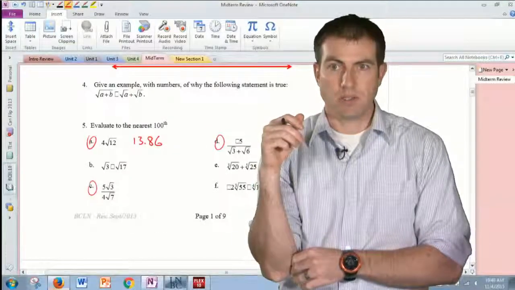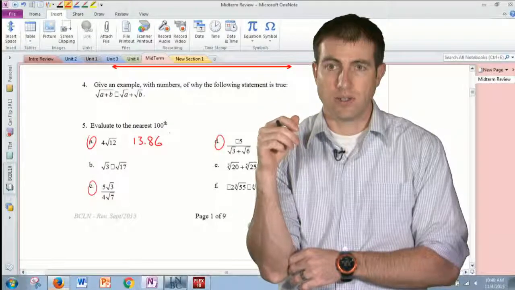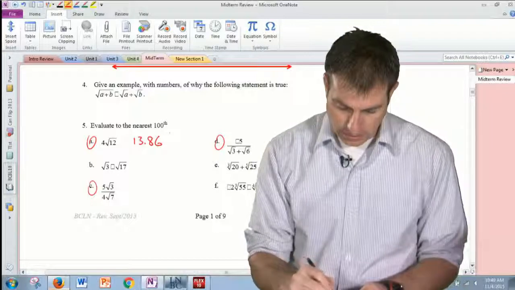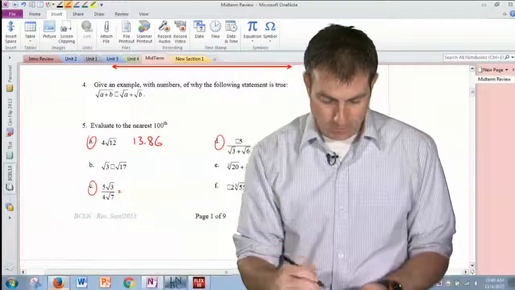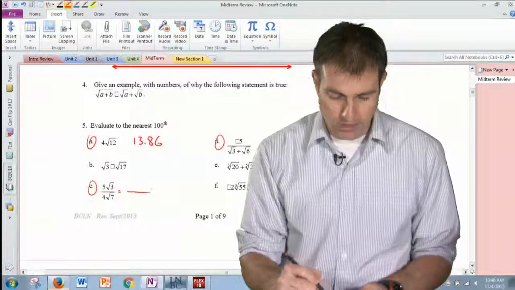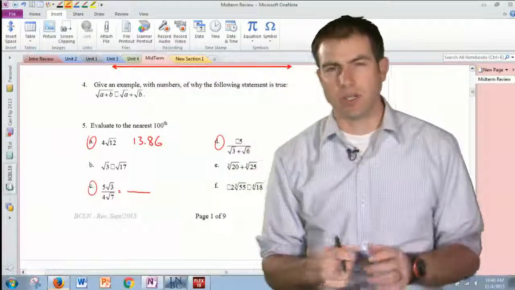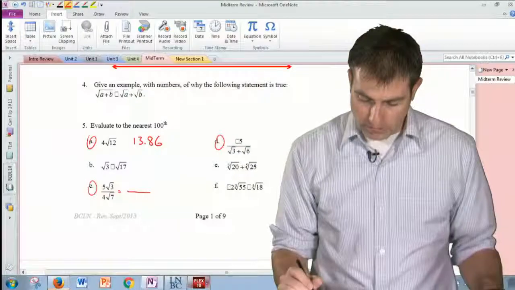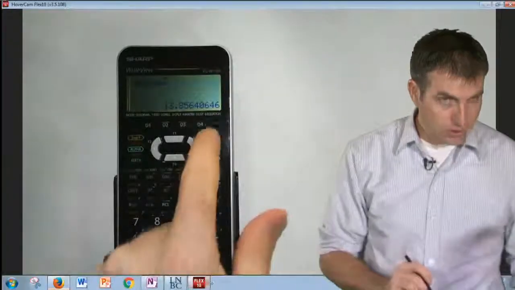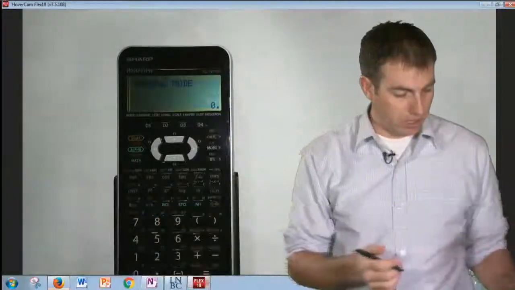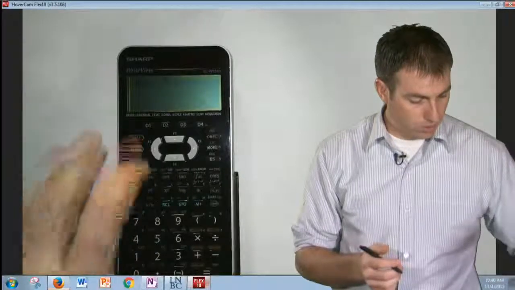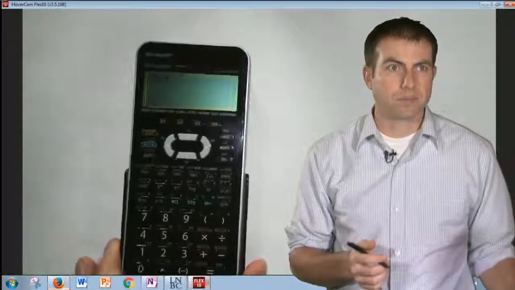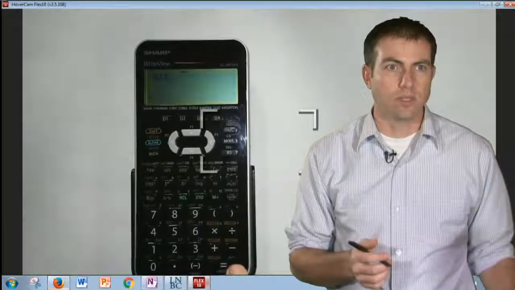Maybe some of these worked on your calculators and not on mine. Maybe look at C. You're pretty well going to have to do this in 2 steps unless you have a big fancy calculator. If I jump over to my calculator here, I have 5 root 3 on the top. I'm going to see if I can just enter this as 5 root 3 and see if it works. I go 5, square root, then 3, and I hit equals.